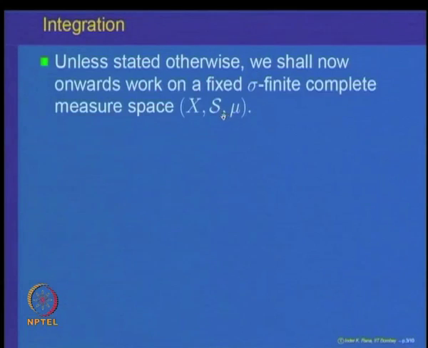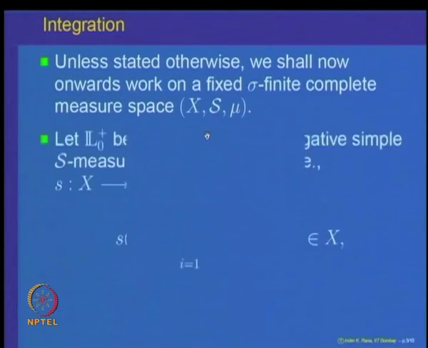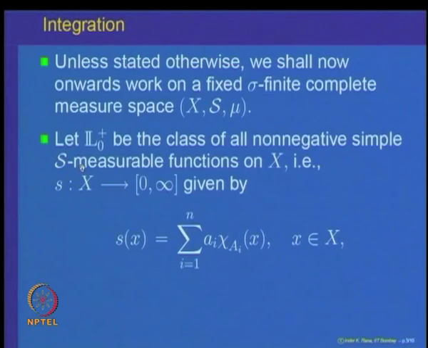That means that all sets A such that mu of A is 0 implies that A and all its subsets are inside S. So, let us denote by L lower 0 upper plus the class of all non-negative simple S measurable functions on x.